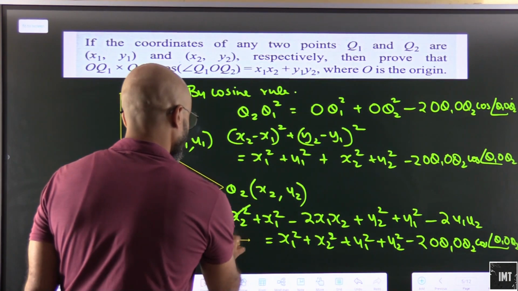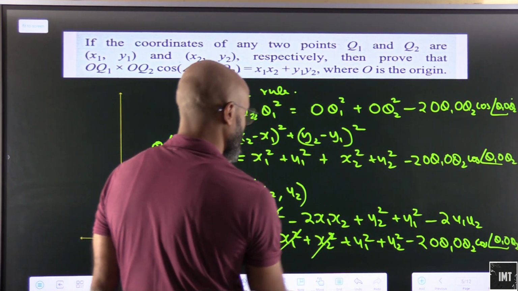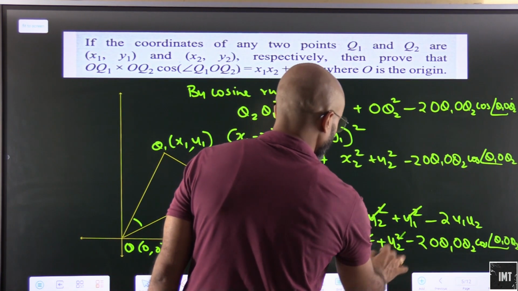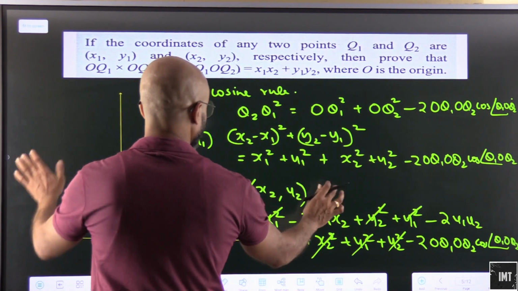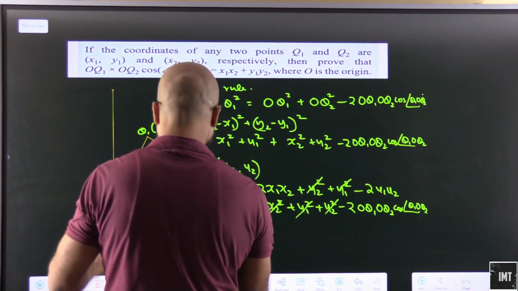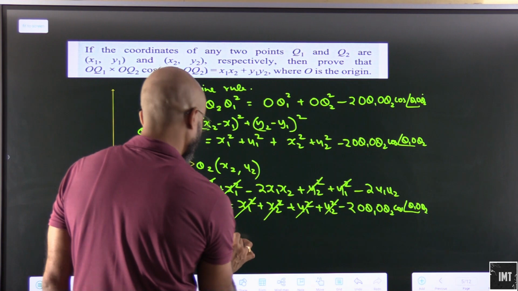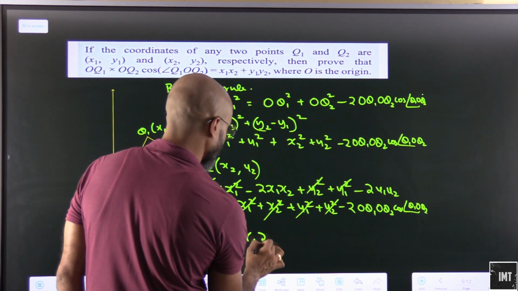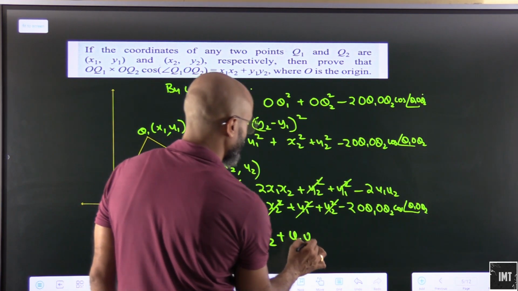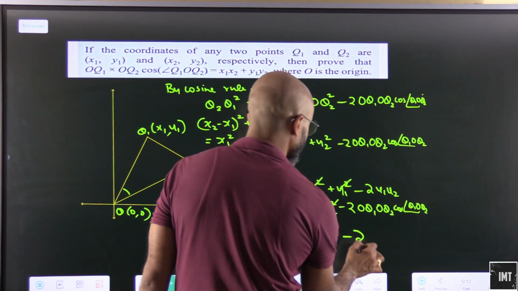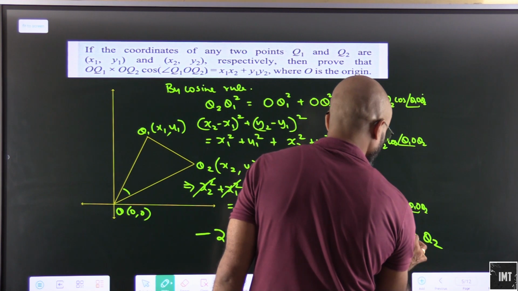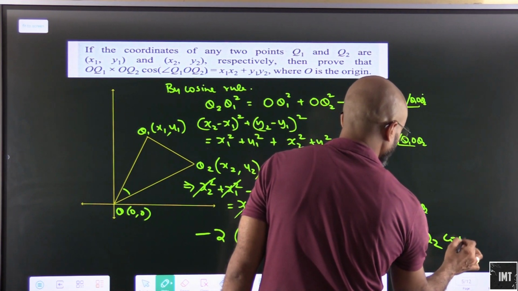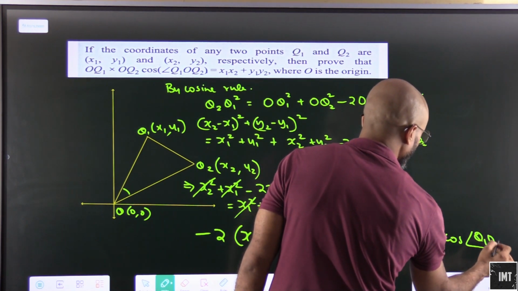Okay, so this x2 square gets cancelled, this x1 square gets cancelled, y1 square, y2 square all get cancelled here. So what we have is minus 2 taken as common, x1x2 plus y1y2 is equal to minus 2 OQ1 into OQ2 cos of angle Q1OQ2.